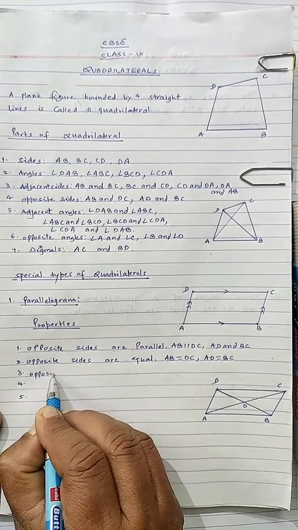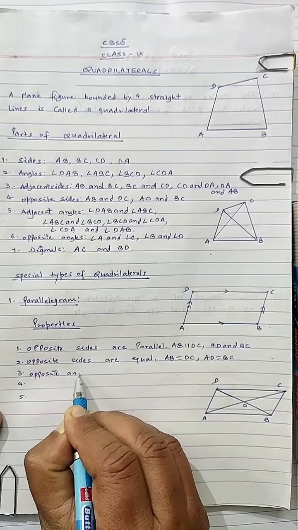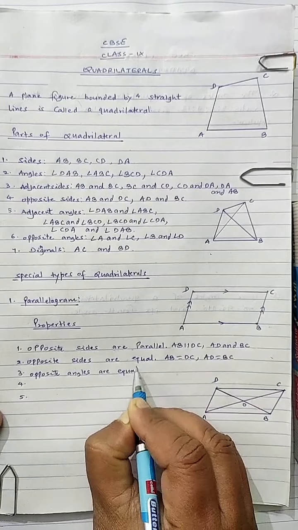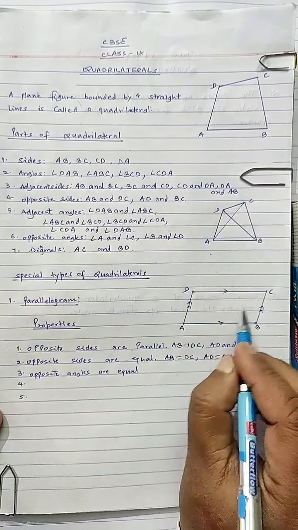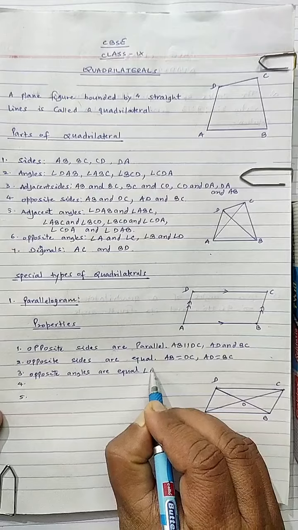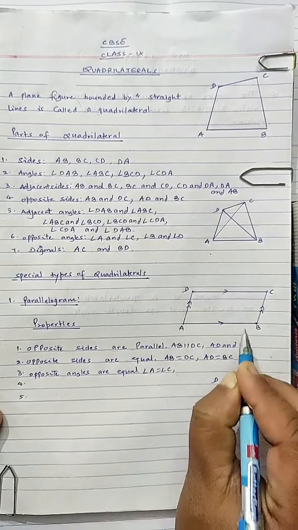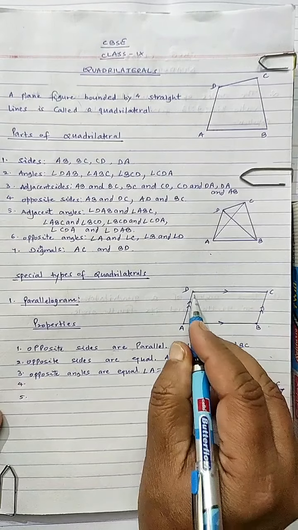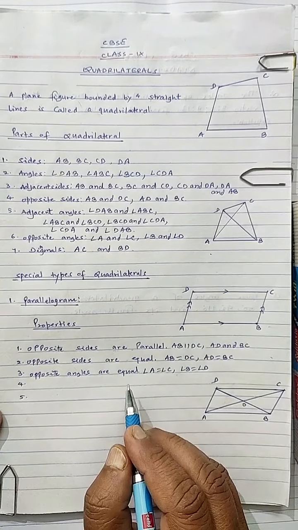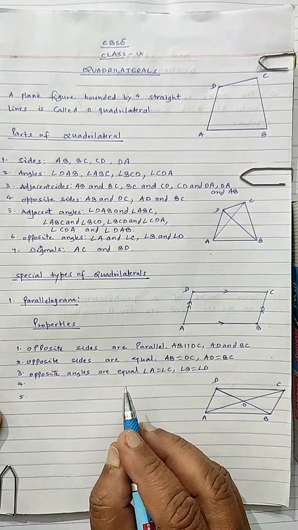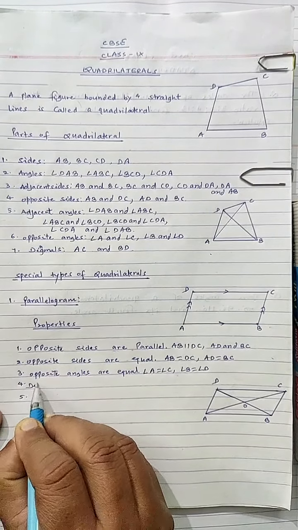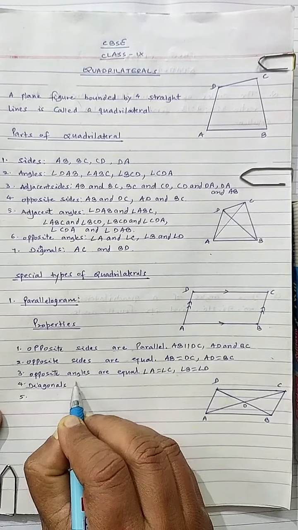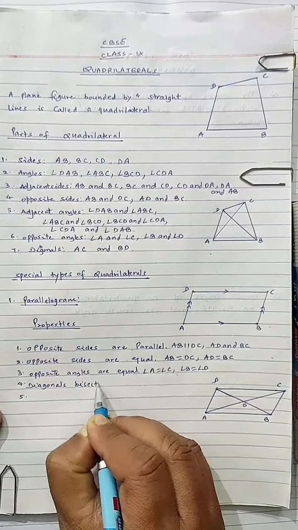Opposite angles of parallelogram are equal. That is, angle A equals angle C and angle B equals angle D. Next property, diagonals of parallelogram bisect each other.